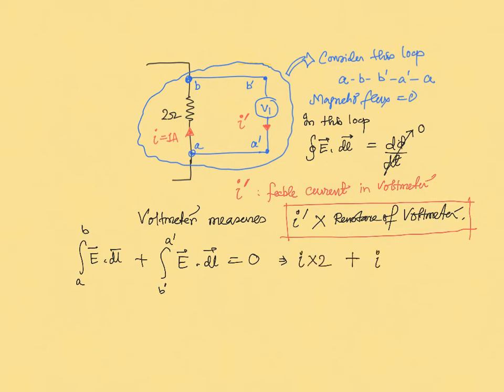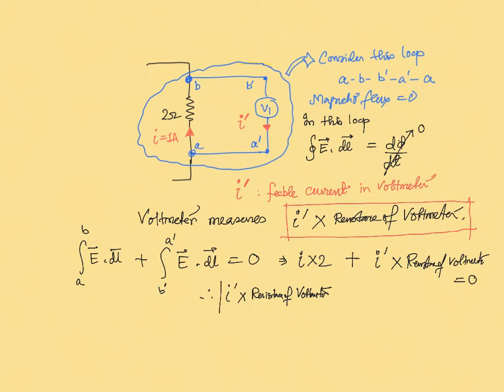Now that is I prime multiplied by the resistance of the voltmeter V1.